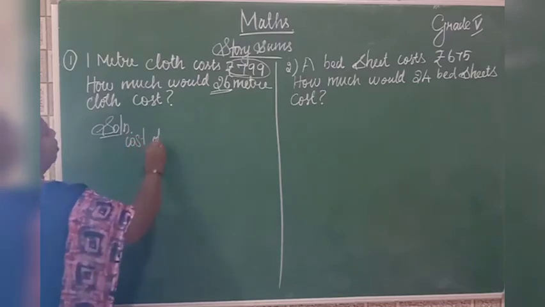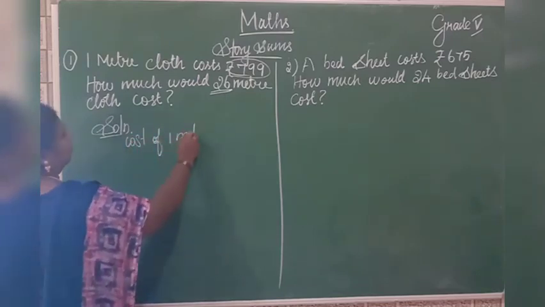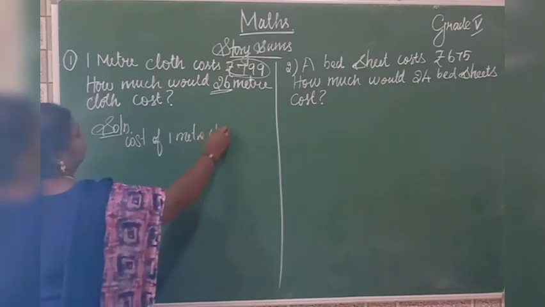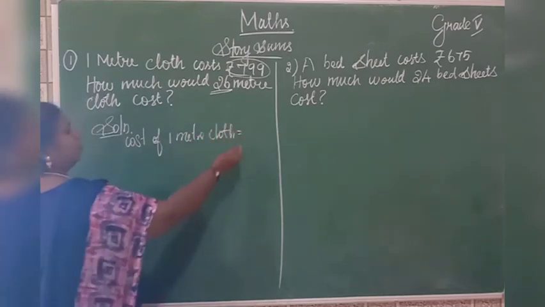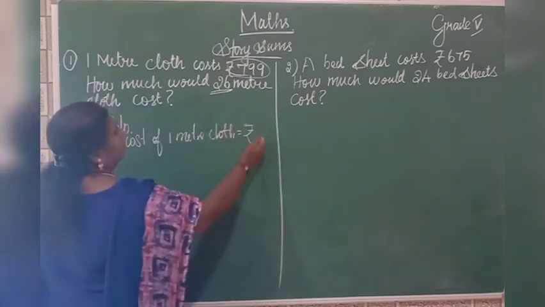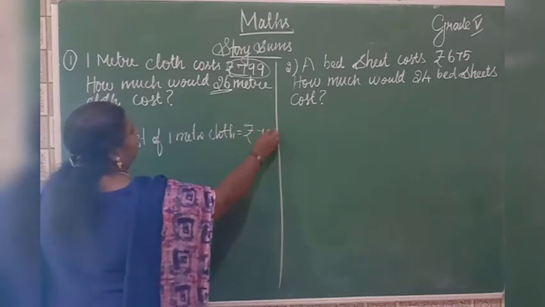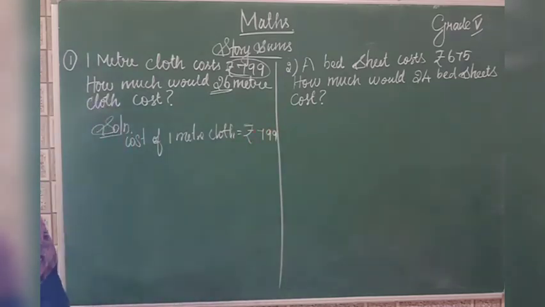Cost of 1 meter cloth is equal to how many rupees? 1 meter cloth is 799, isn't it?